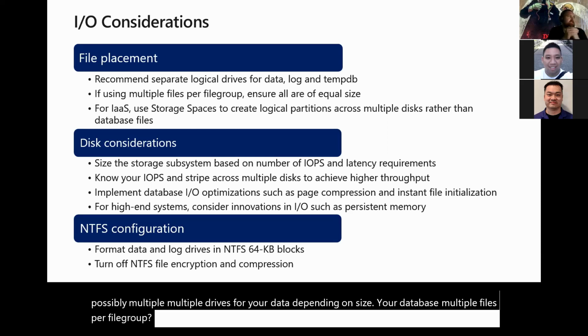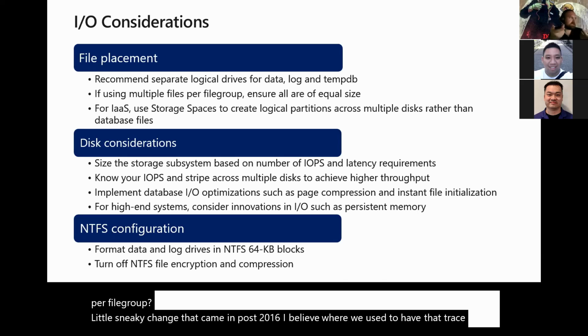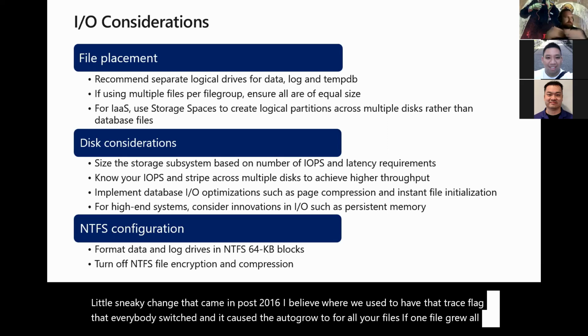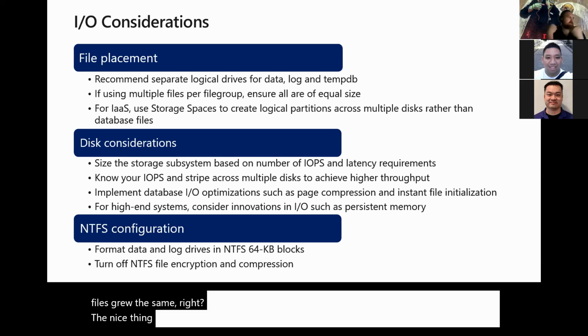There's a little sneaky change that came in post 2016, I believe. We used to have that trace flag that everybody switched on, and it caused autogrowth for all your files. If one file grew, all files grew the same. The nice thing about that was it applied to the entire instance.